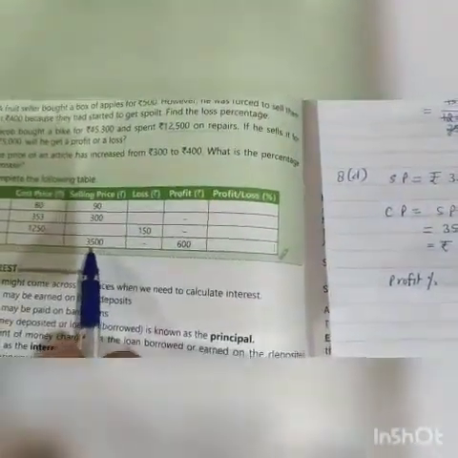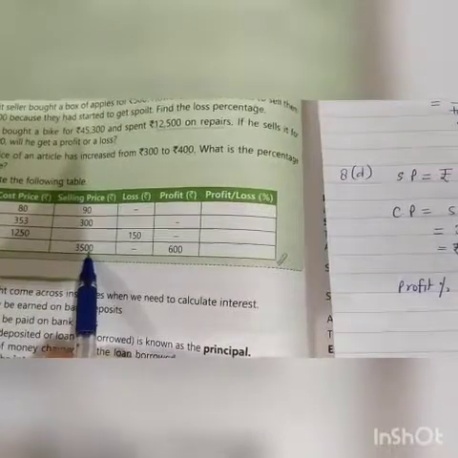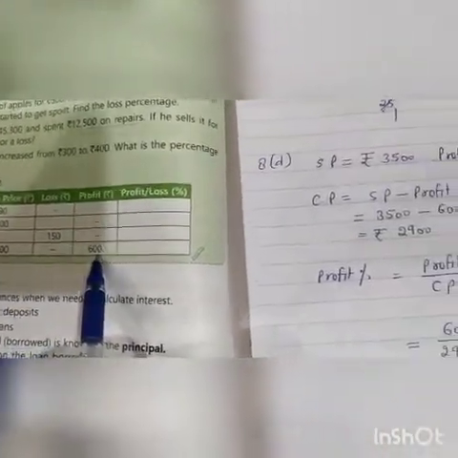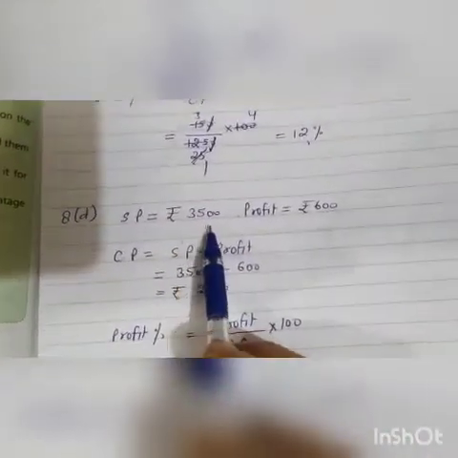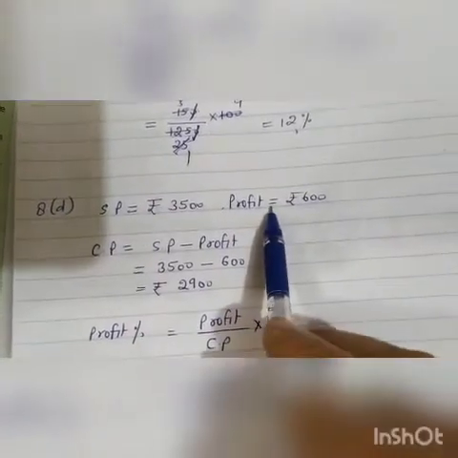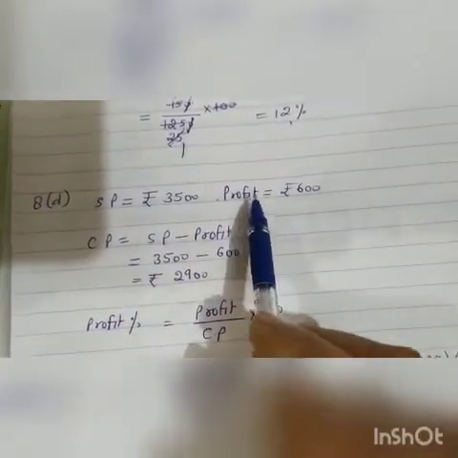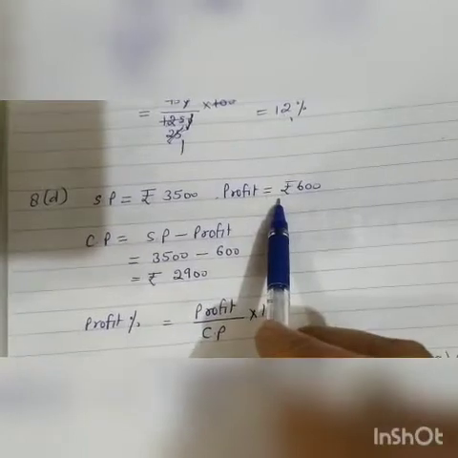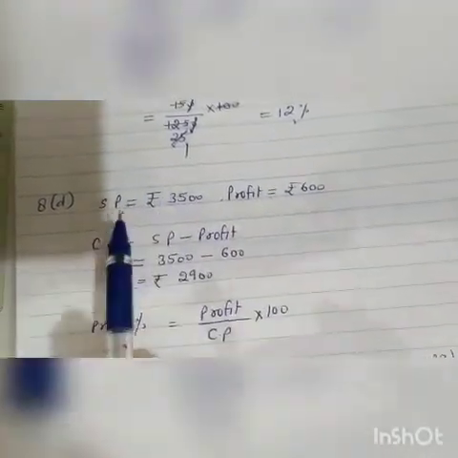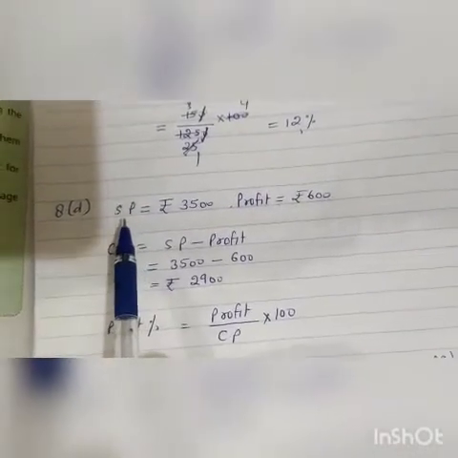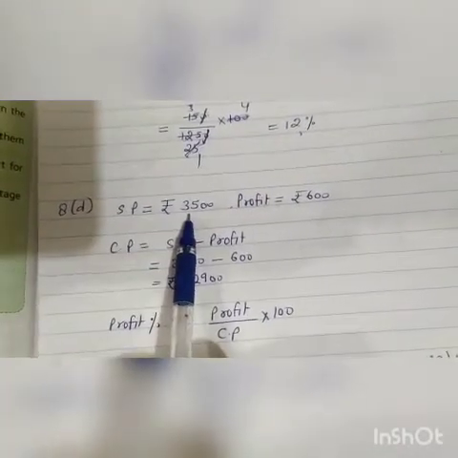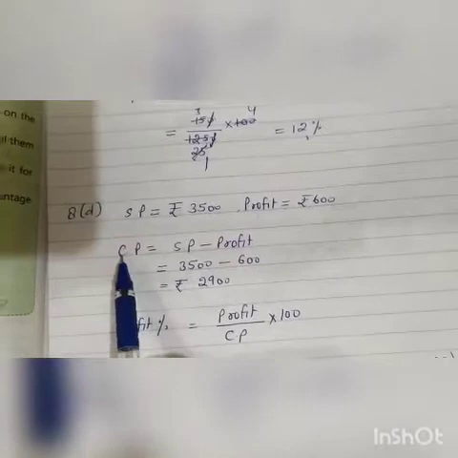Now come to D. In the D part, selling price is given 3500 and profit is given 600. See here, this is selling price and this is profit. Students, here it is profit, not loss. If it is profit, it means selling price is more than cost price, or we can say cost price is less than selling price. So how will we find cost price?